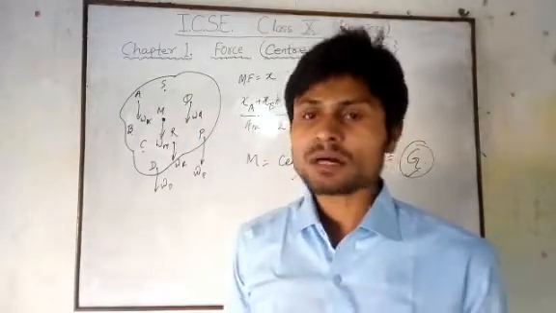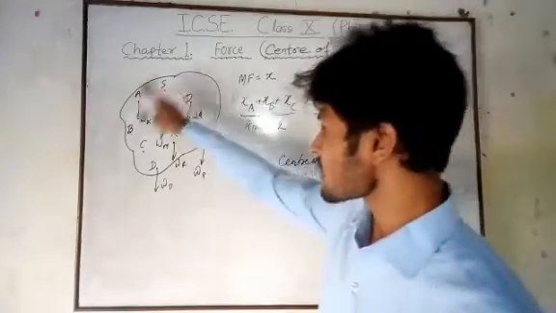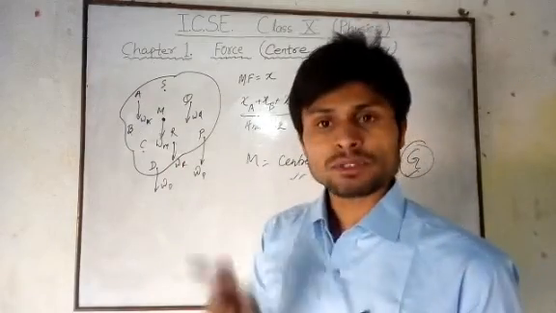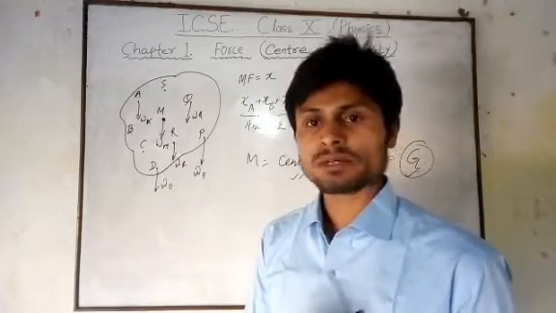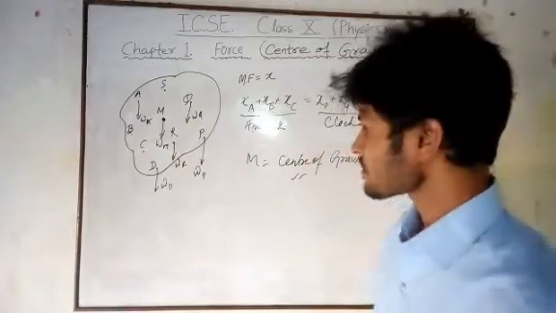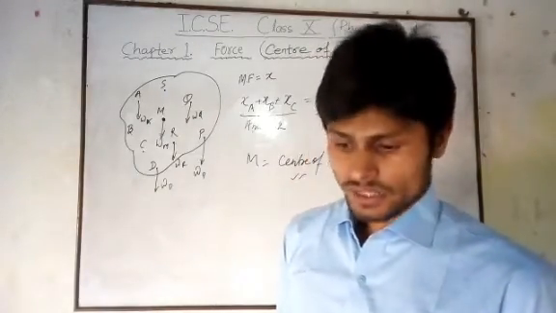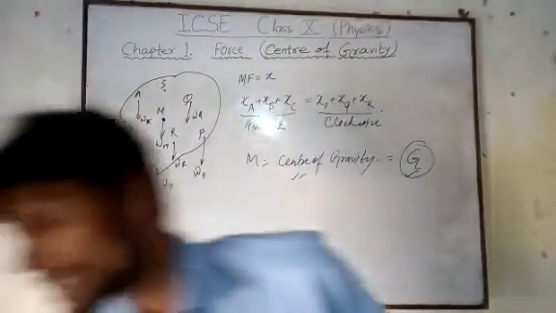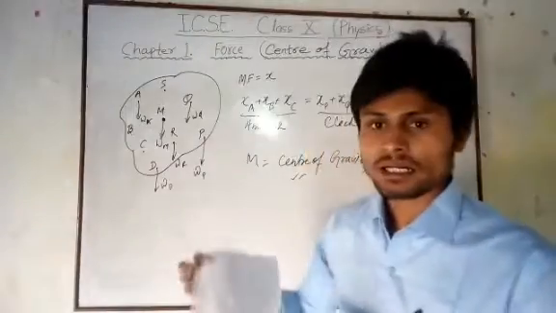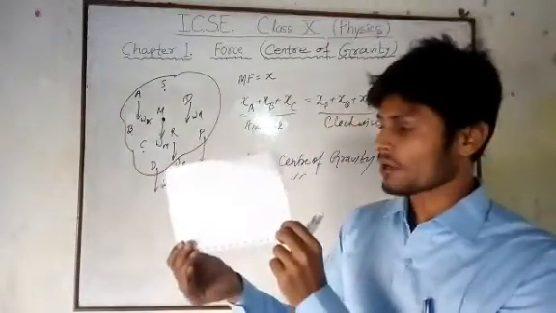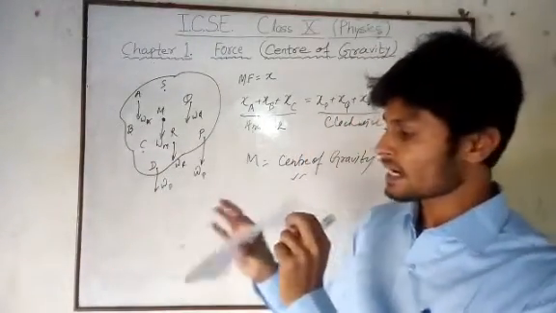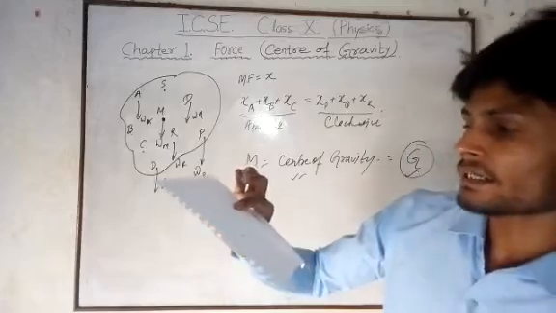If the shape of the body changes, then the position of the center of gravity will also change. So consider that if this one is considered as a body, it has its center of gravity at its center.